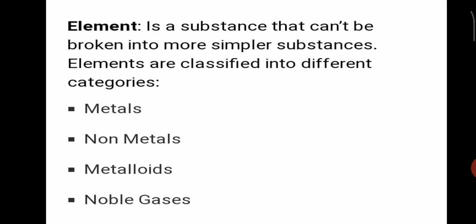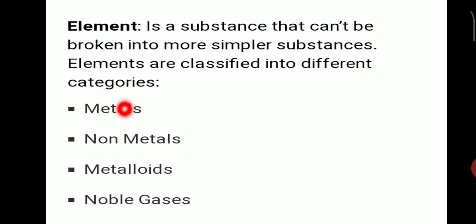These are classified into different groups: metals, non-metals and metalloids. These are the main three groups. Out of these, the elements are divided into two main groups that we are going to study.